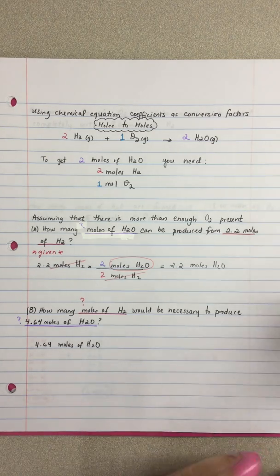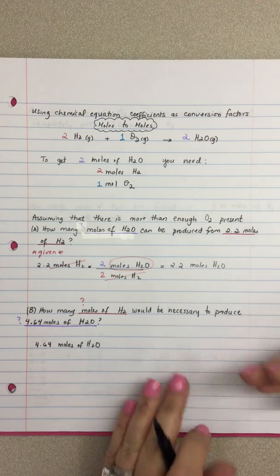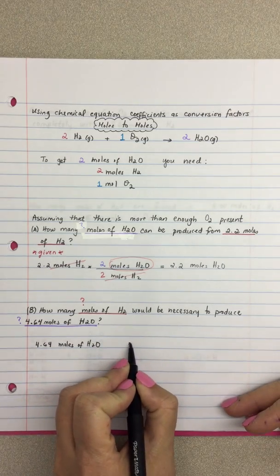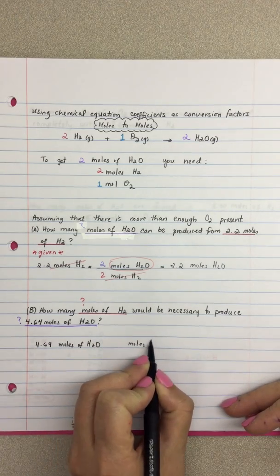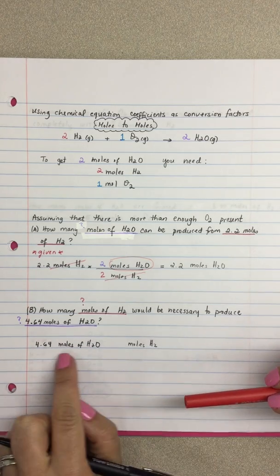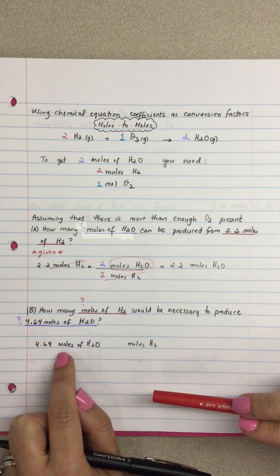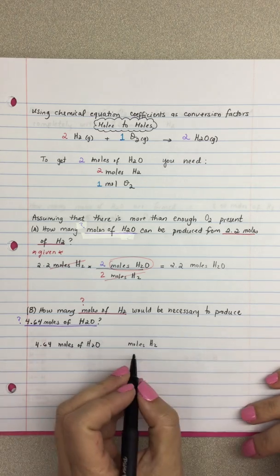Whenever you're using your coefficients as conversion factors, what you're trying to get goes on top. So you're trying to get moles of H2, that should go on top. And what you have should be on the bottom part of your conversion factor. So what you have is the moles of the water.